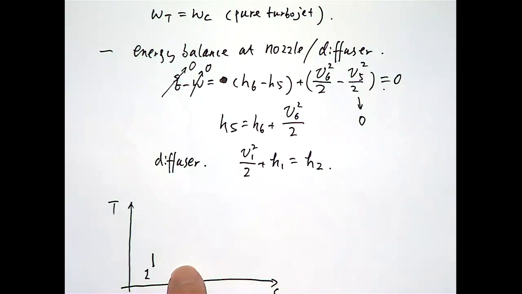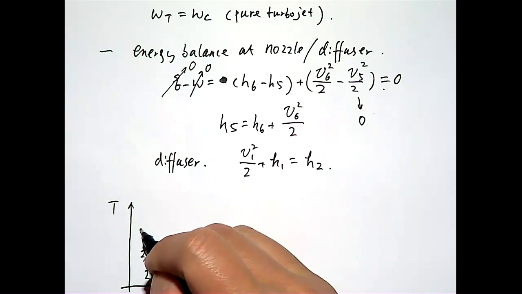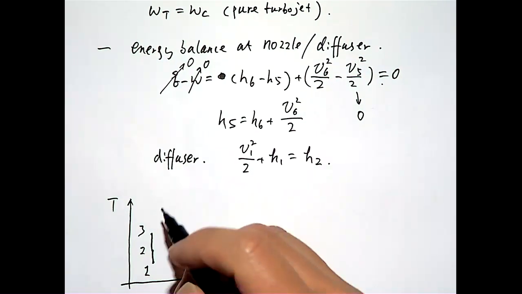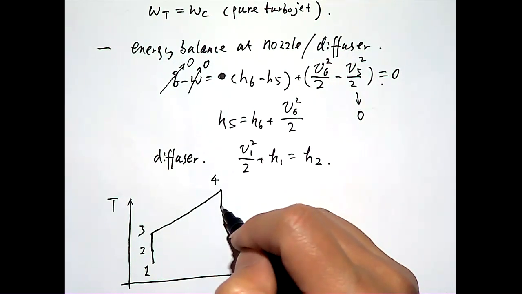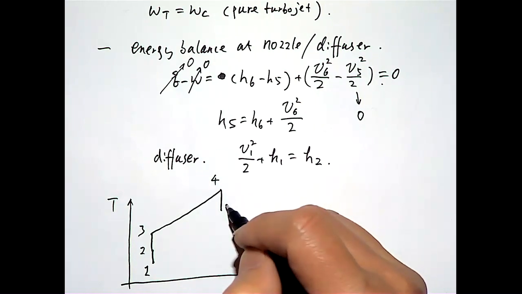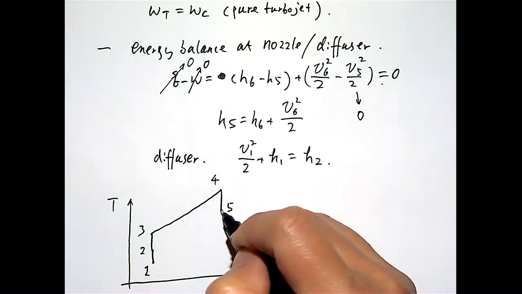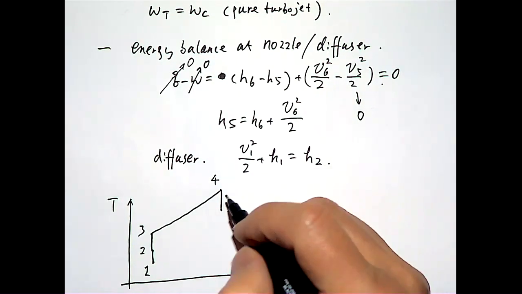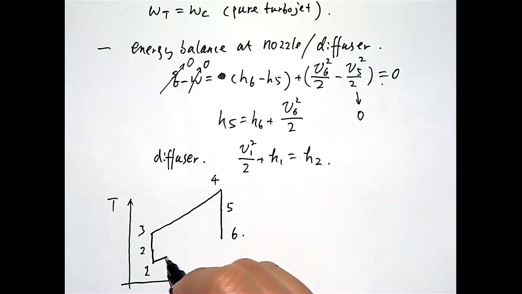So we have a vertical line, isentropic, to state 2. From state 2, going into the compressor is again an isentropic process, so we keep going on this straight line to state 3, then into the combustor at state 4, then going down through the turbine to state 5, and then entering the nozzle. Again, the nozzle is an isentropic process, so we keep going to state 6.